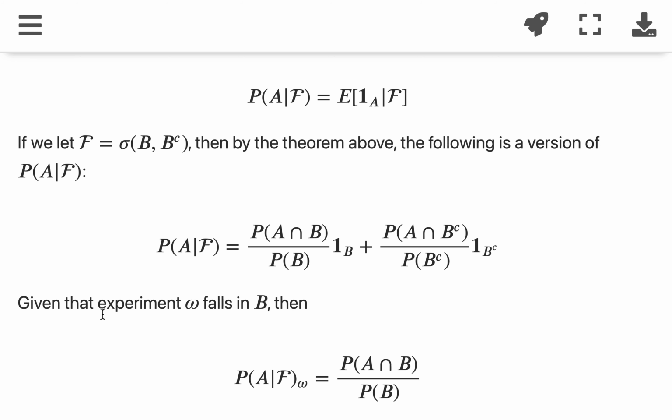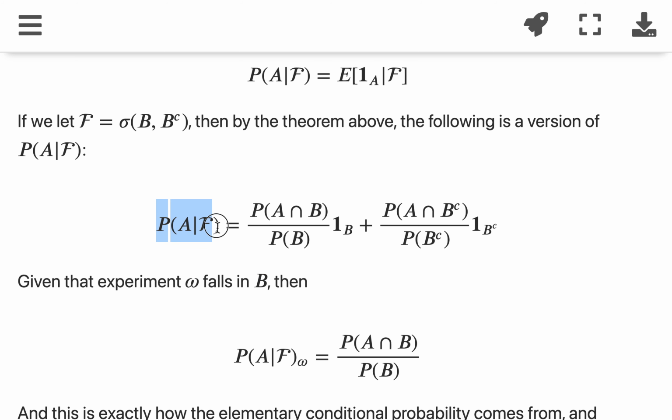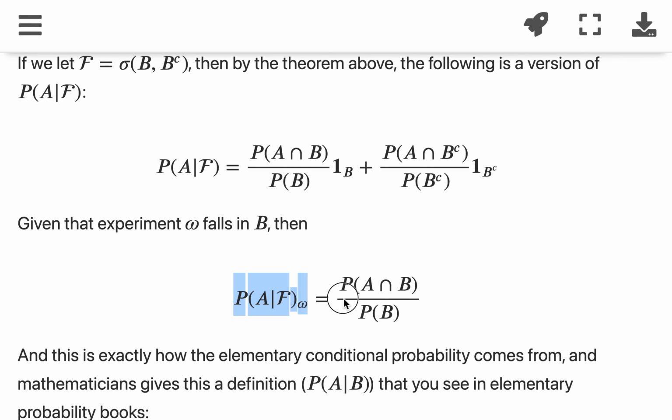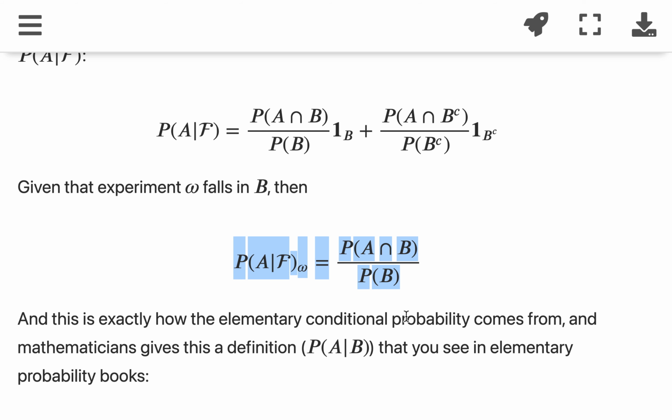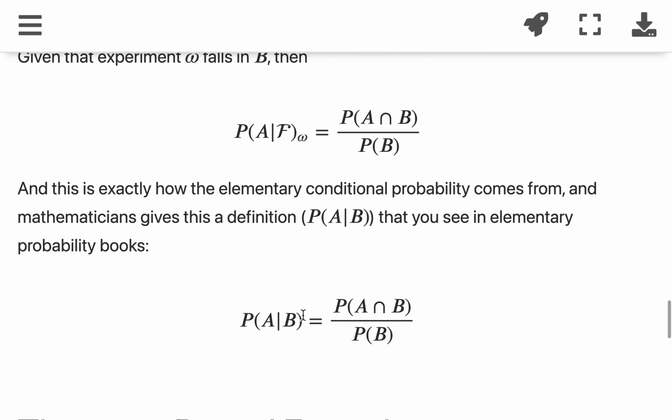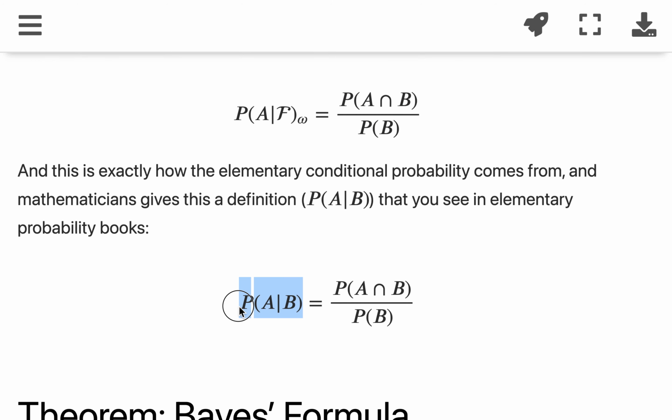We know some event happens, and it happens that omega belongs to a set B. So given the experiment omega falls in B, then this random variable will produce a constant which is probability of A intersect B divided by probability of B. So that is exactly what we see in elementary conditional probability theory, and that is used to define the symbol P(A given B).